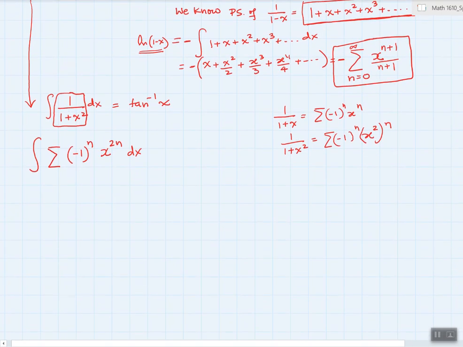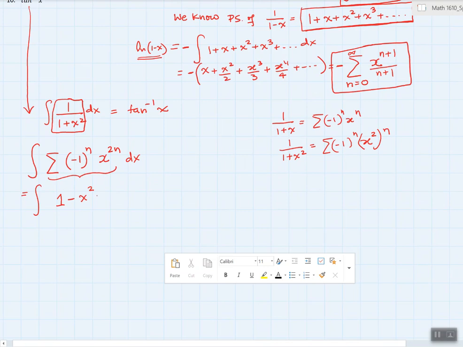So this means integration, and now let's write out a few terms. Start with 0, so I have 1, then let's put n as 1, so I'll get minus, because minus 1 to the power 1, and then x to the power 2 times 1, so minus x squared.